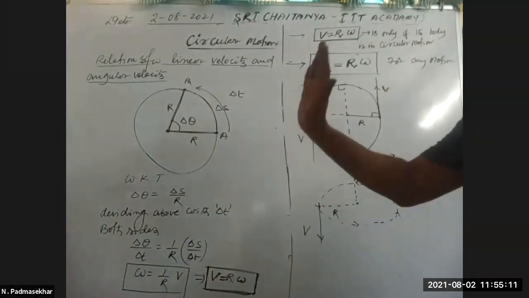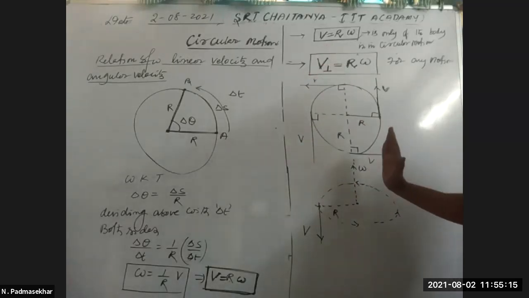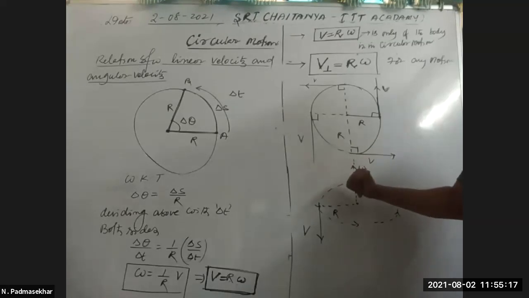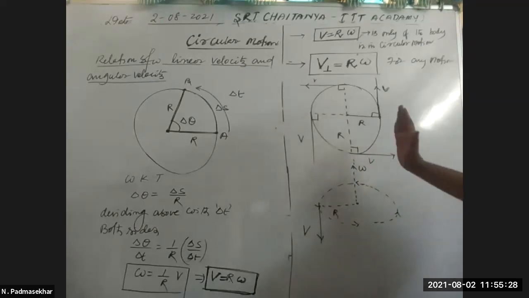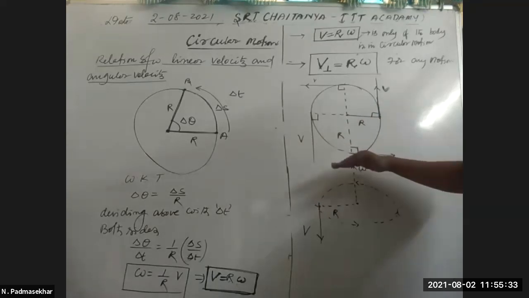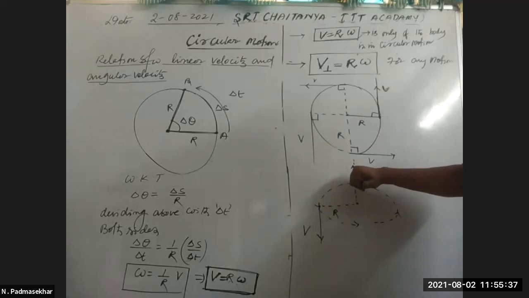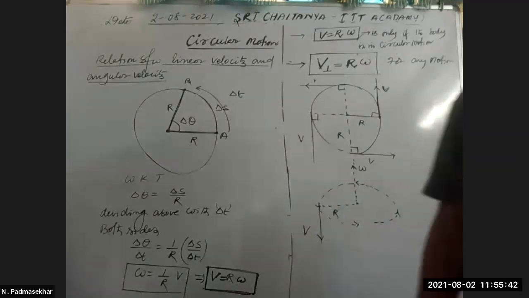See, this is omega and this is the direction of R. So rotate like this, and V is in this direction.